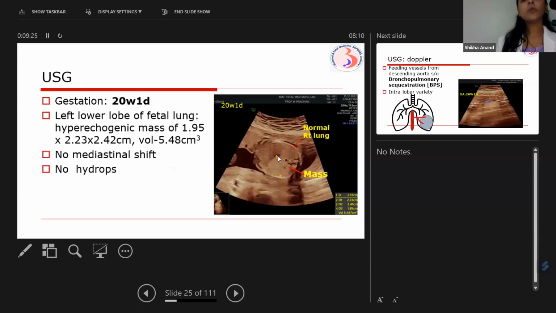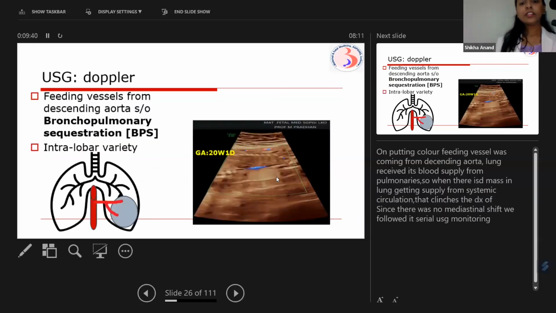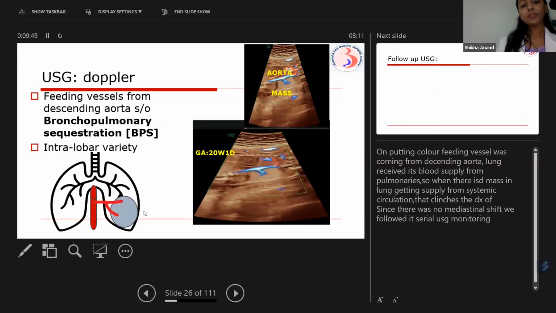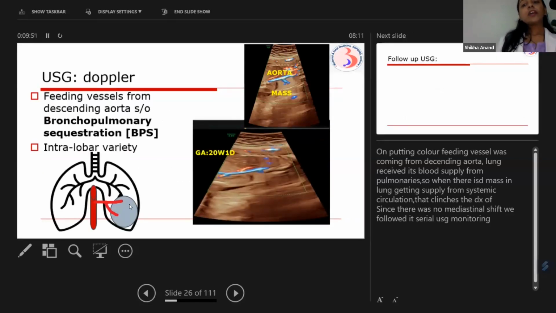At 20 weeks one day, we did the ultrasound and found a hyperechogenic mass of volume 5.48 cubic centimeters, occupying the left lower lobe of the lung. There was no mediastinal shift present. On putting colors, the feeding vessel, as you can see in the video, was coming from the aorta, just similar to the schematic diagram represented by the map.